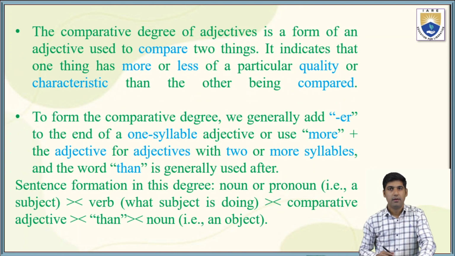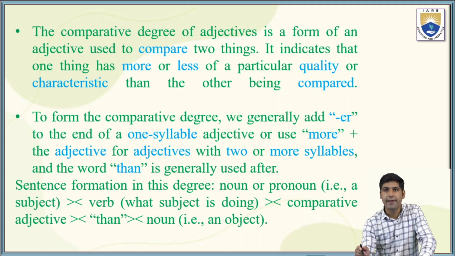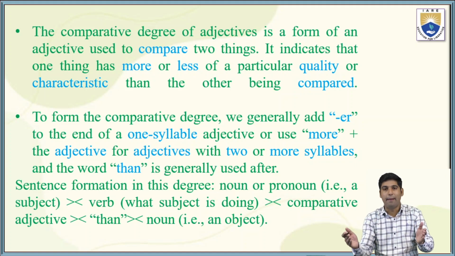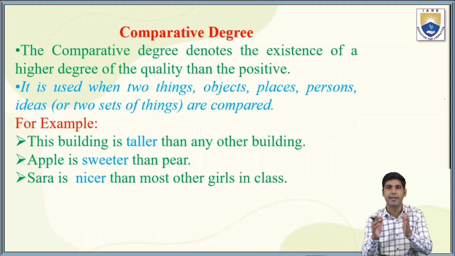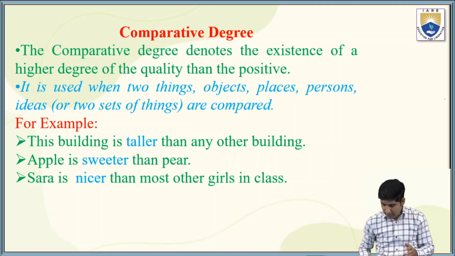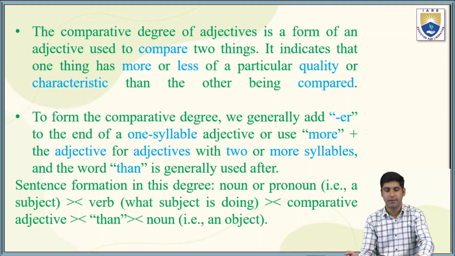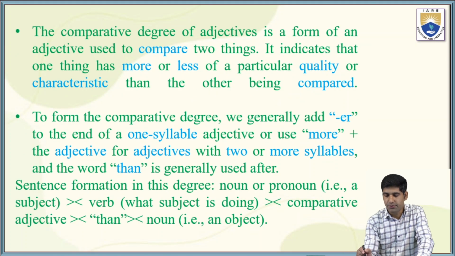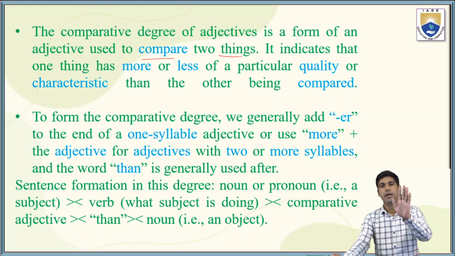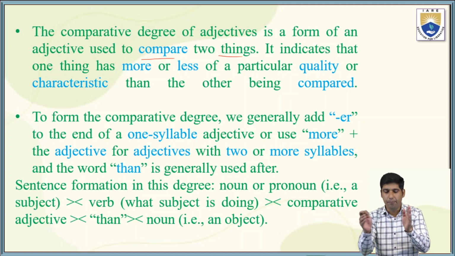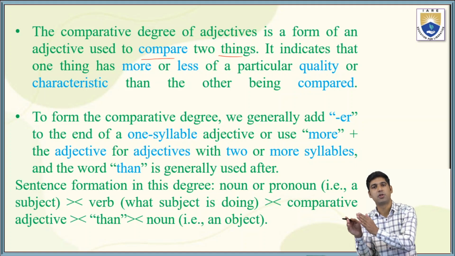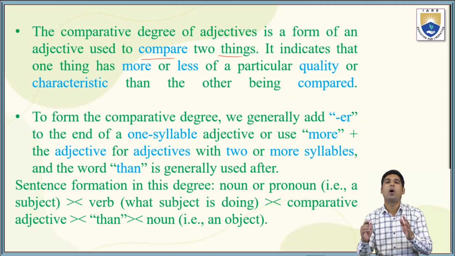Now about the comparative degree of an adjective, I would like to elaborate a little more. Otherwise, I know that this slide is enough to get the idea, but I want to elaborate a little bit. The comparative degree of an adjective is used to compare two things, two persons, two objects, two ideas, or two or more things, two or more ideas.